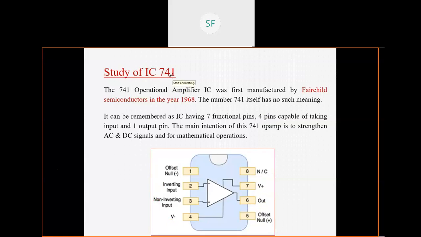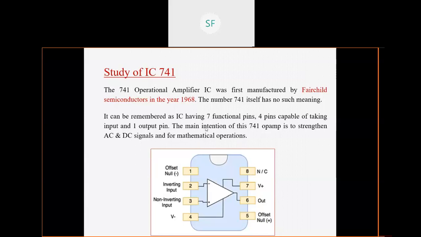Again I am telling you, 4 input pins are nothing but there will be 2 input pins only, but 2 additional voltage supplies are also required and one output. So generally it is remembered like that. The main intention of this 741 op-amp is to strengthen AC and DC signals and for mathematical operation. So this is the main purpose of op-amp.